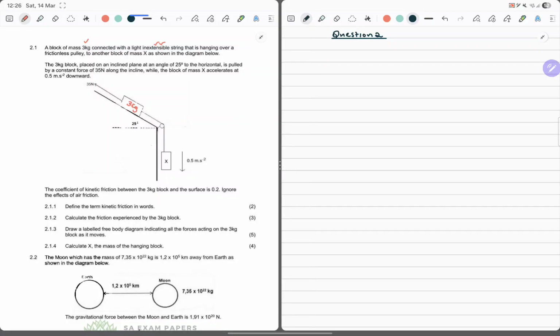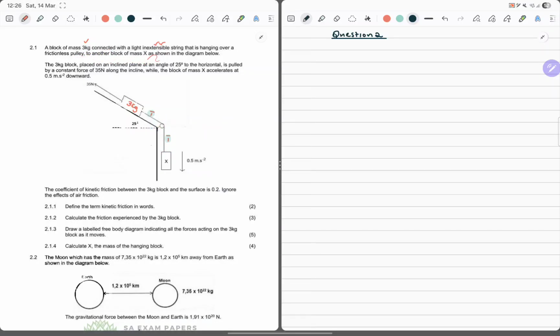It is to tell us that the tension on either side of the string, essentially the tension here, should be the same as the tension on that side. First of all, because the string is inextensible and light, it doesn't add weight into the system. And of course, the frictionless pulley also does the same job.